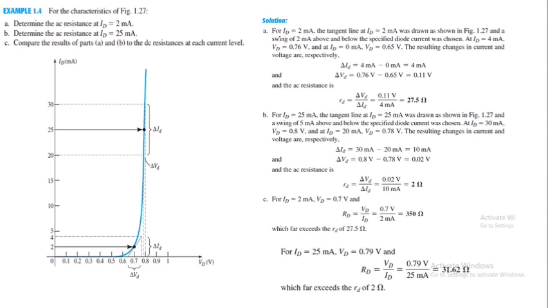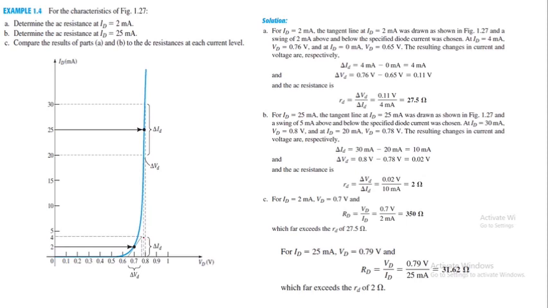Now for part A, we have ID equal to 2 milliampere, and a swing of 2 milliampere above and below the specified diode current was chosen.